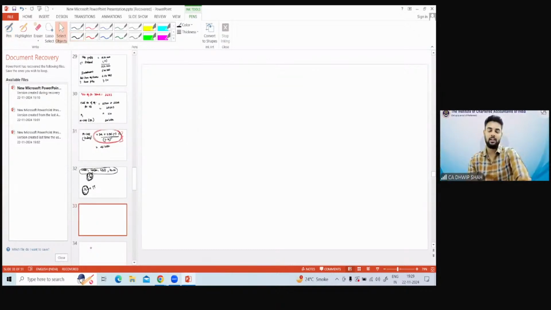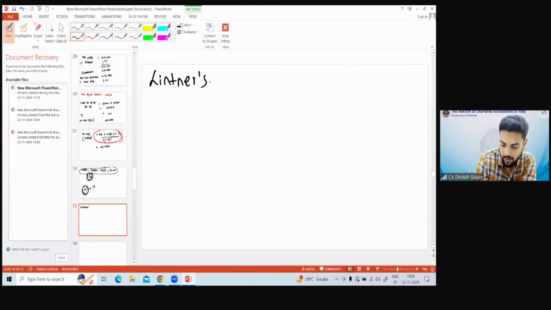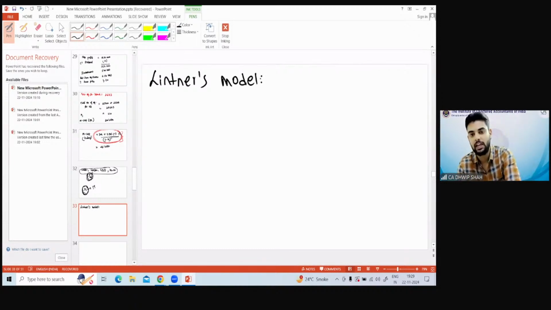So now what Lintner did, the Lintner approach is a practical approach. Why? Because he actually practically undertook a research and survey of various financial managers. I can directly give you the formula as well, but I guess you will not be able to grasp or digest it if I directly give you the formula.